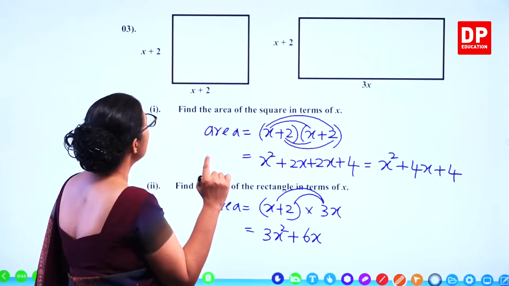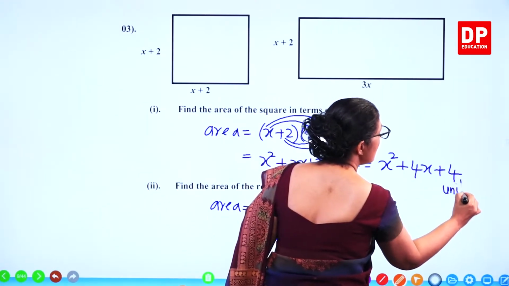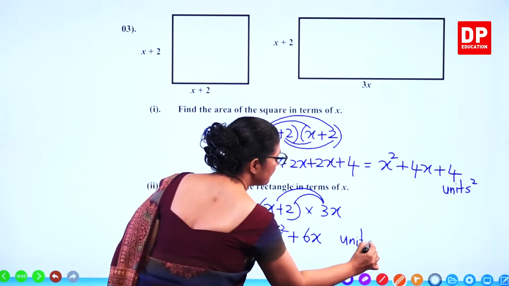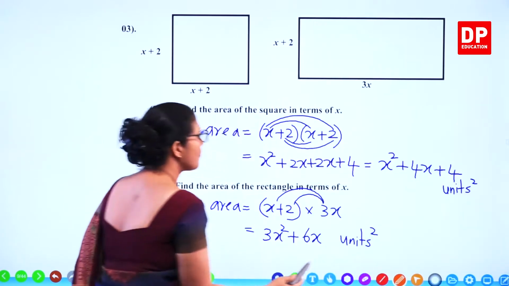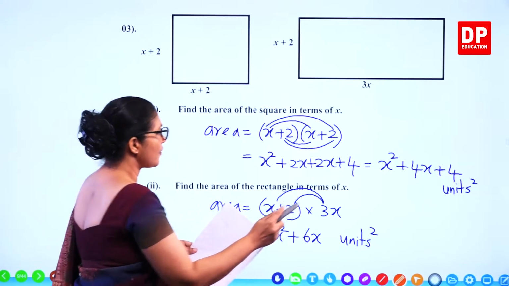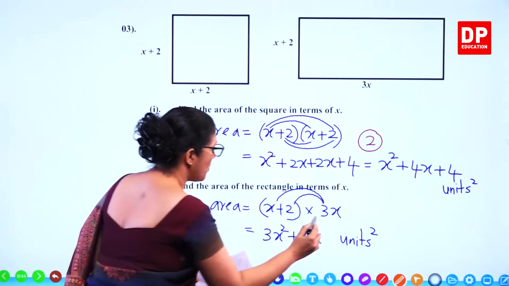So what are the units? Units are not given, so I'll write units squared. So how many marks for that? 2 marks for this step.